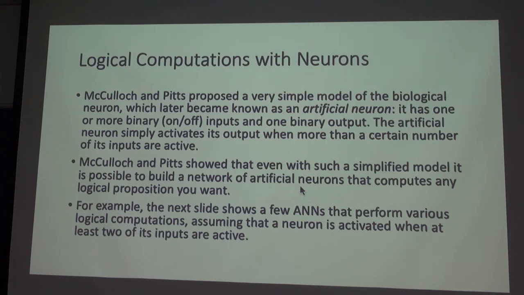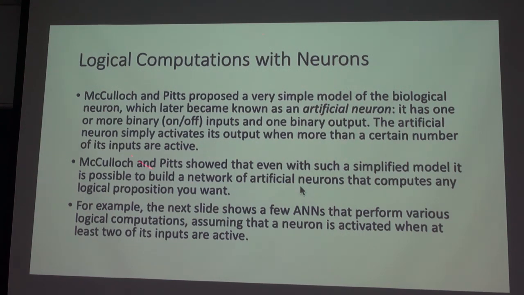So these two researchers, as I said earlier, McCulloch and Pitts, proposed a very simple model of a biological neuron, which later became known as an artificial neuron. It has one or more binary, either on or off, inputs and one binary output. The artificial neuron simply activates its output when more than a certain number of its inputs are active.